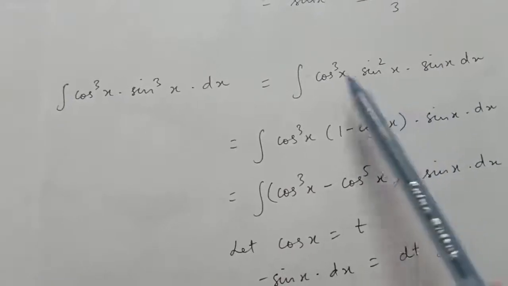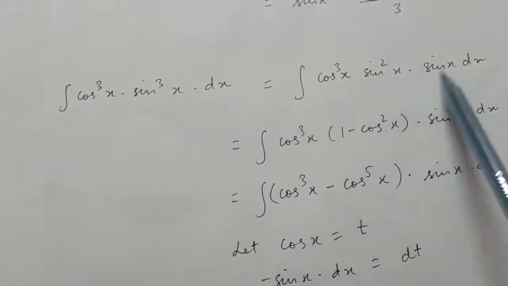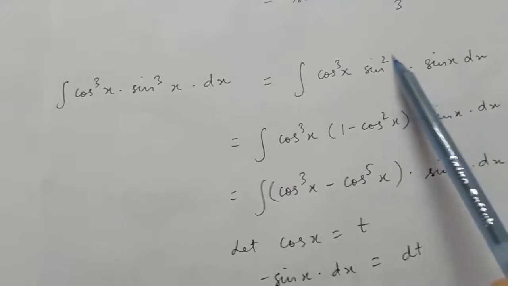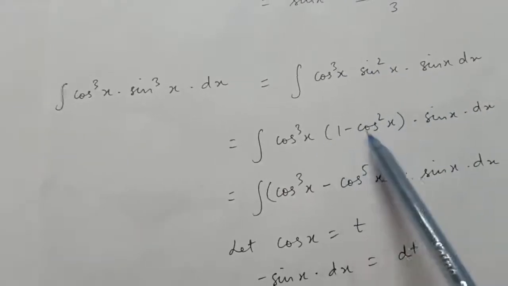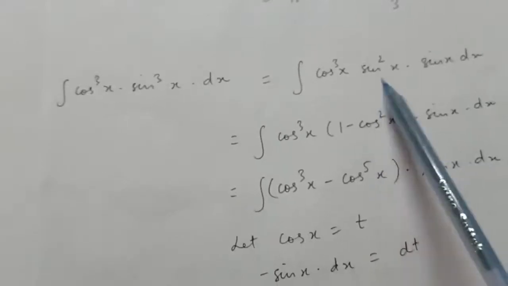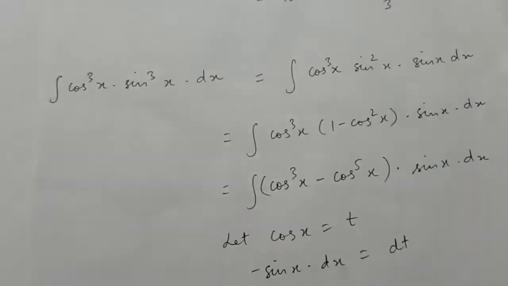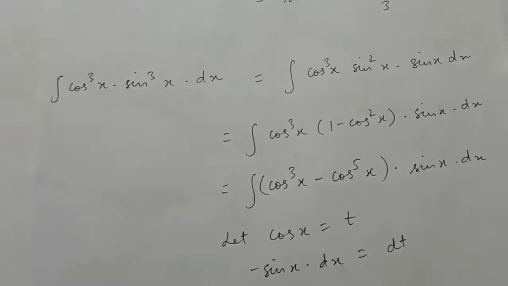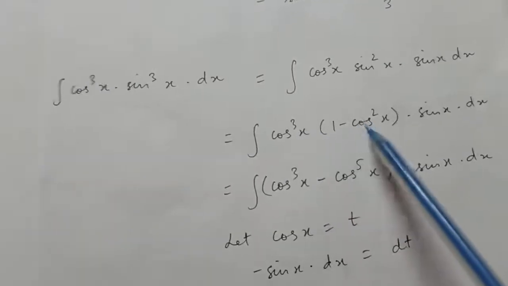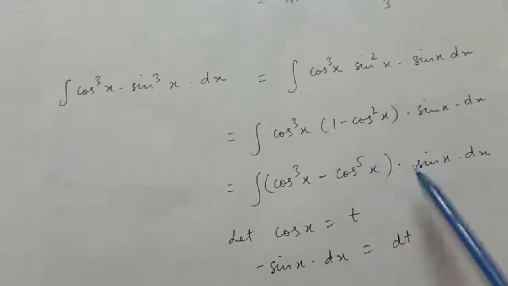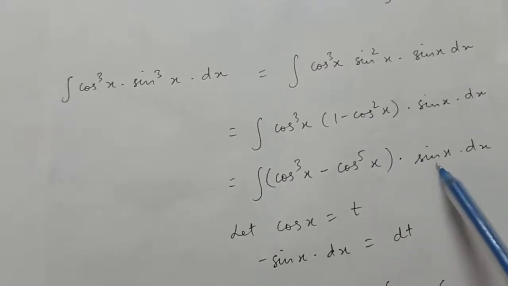What we will do, we will just keep sin x as it is, and change this sin square x also in terms of cos x only, writing this sin square x as 1 minus cos square x. Now this will become cos cube x minus cos x raised to the power 5 into sin x. Why have we done this?